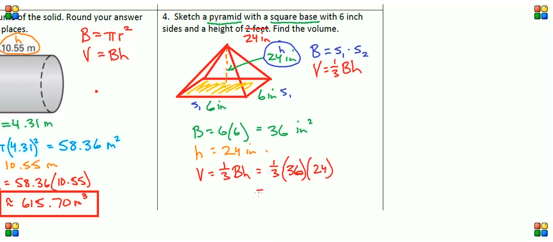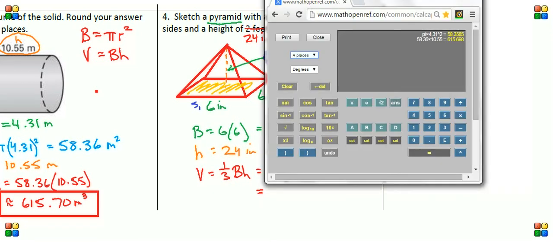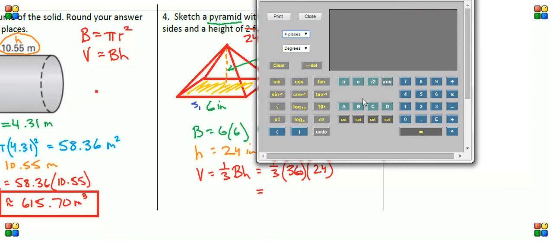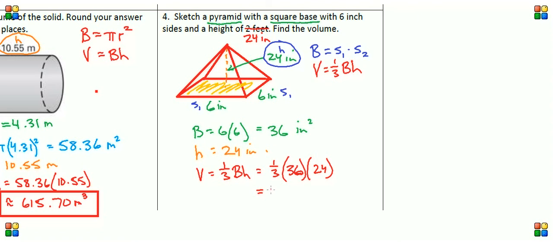Let's go ahead and put that in our calculator. So 1/3, we'll do parenthesis 1 divided by 3 parenthesis times 36 times 24, and the answer is exactly 288. So no rounding is required. Our volume is 288 inches cubed.